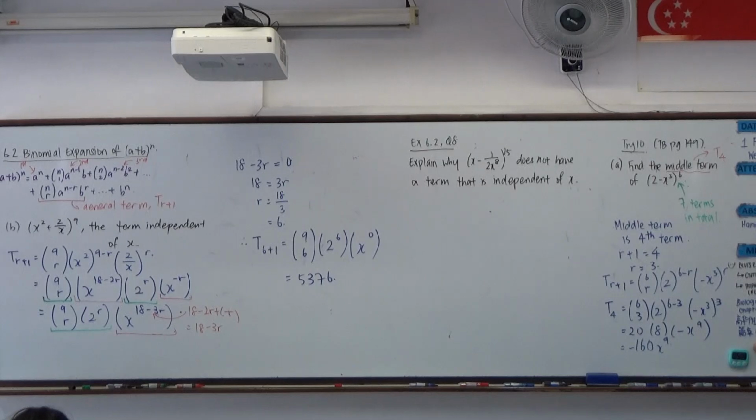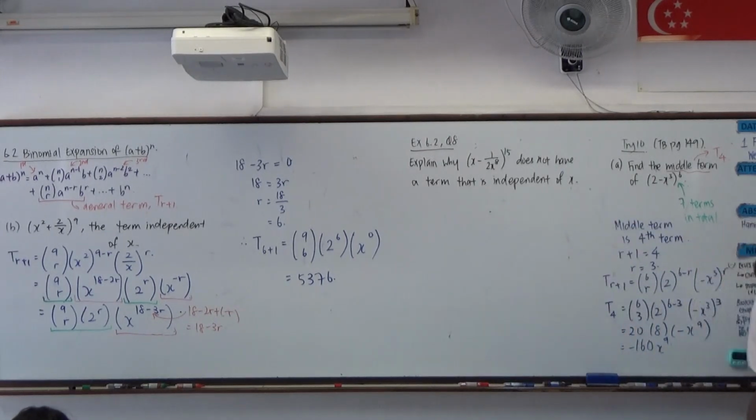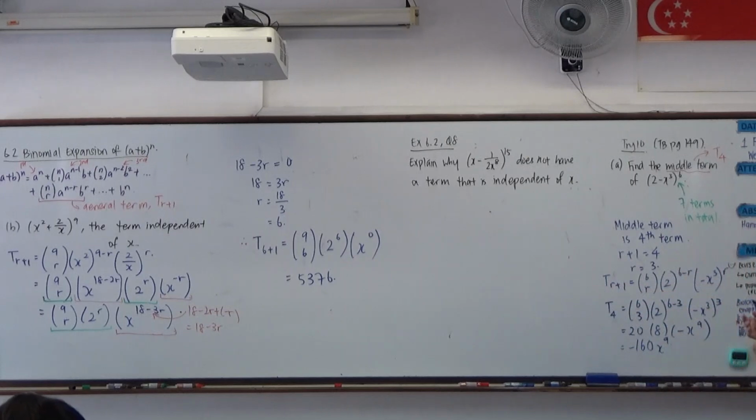Independent terms. So let's extend that idea. Since we're talking about independent terms, let's take a look at question 8 in exercise 6.2. I think that's on textbook page 151. We want to explain why the expansion of this part here does not have a term that is independent of x.